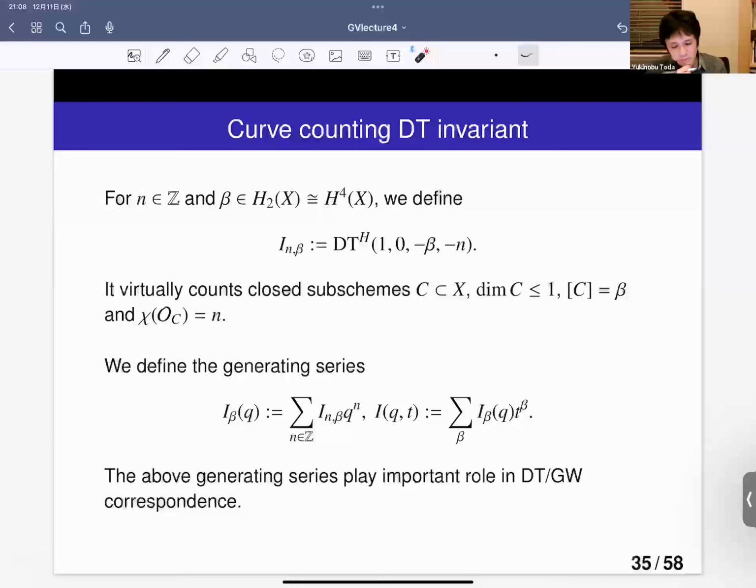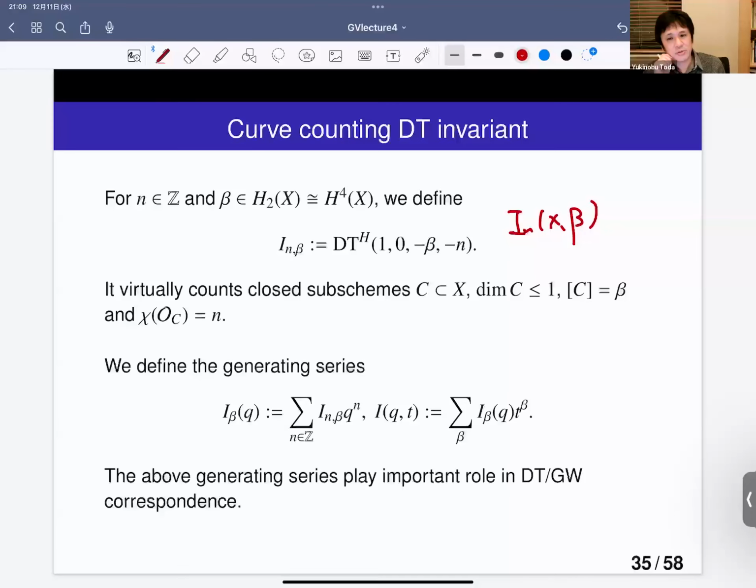The rank 1 DT invariant is given in the following way. For each integer n, and beta in the second homology class, which by Poincare duality is also regarded as an element of H4, I define I_{n,beta} to be this DT invariant. The moduli space which defines this one is the Hilbert scheme of curves, which was explained in the previous lecture.